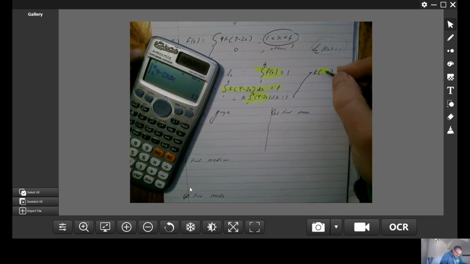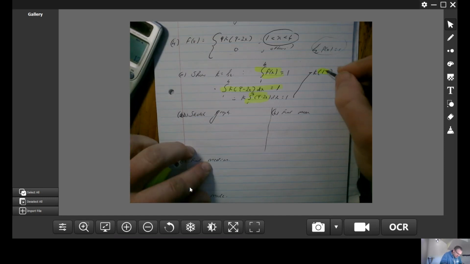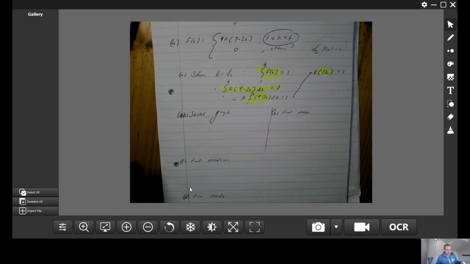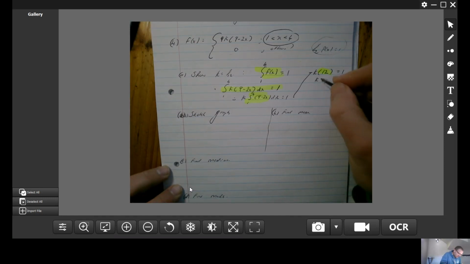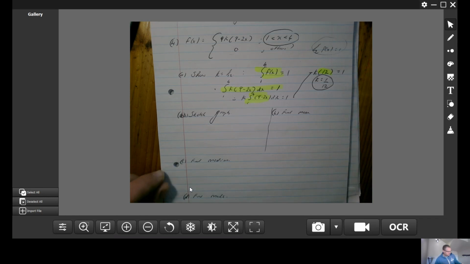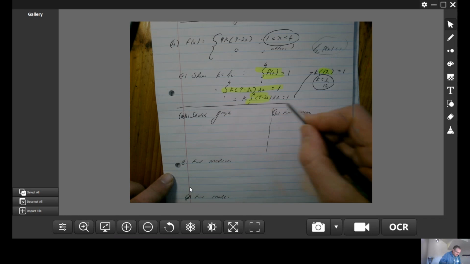So k times 12 is equal to 1. You don't have to go through what the textbook does and show all the other working. So k is equal to 1 over 12, which is what I was asked to prove. Please use your calculators.